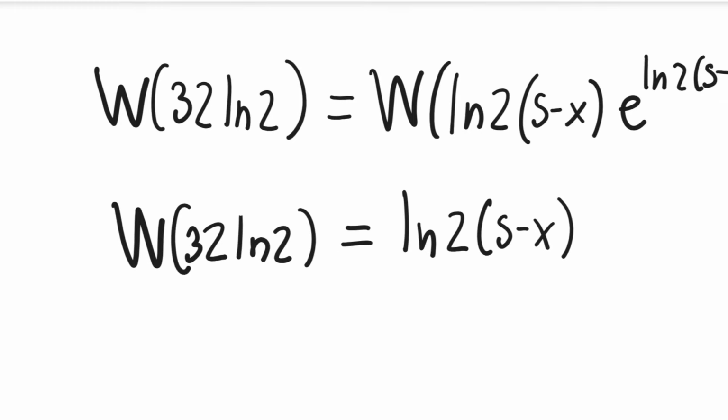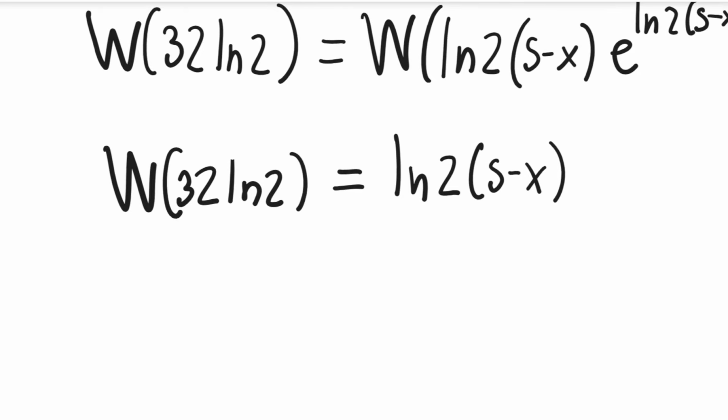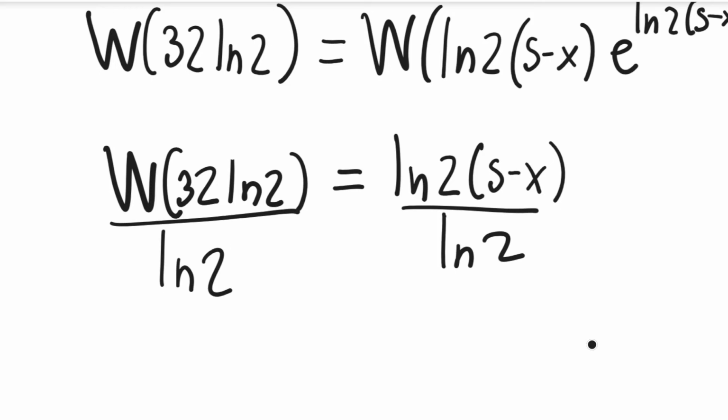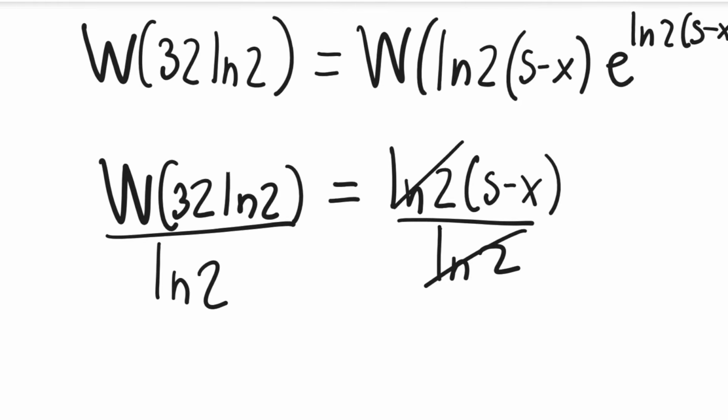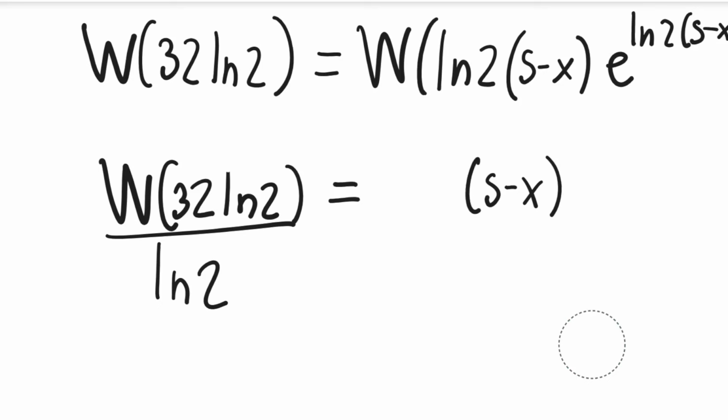Now, we want to solve for x, which is what we were looking for in the first place. So let's divide by natural logarithm of 2 on both sides. And these two are going to cancel out. So we are left with 5 minus x is equal to omega of 32 natural logarithm of 2 divided by natural logarithm of 2.